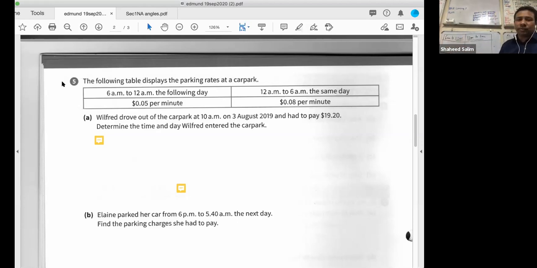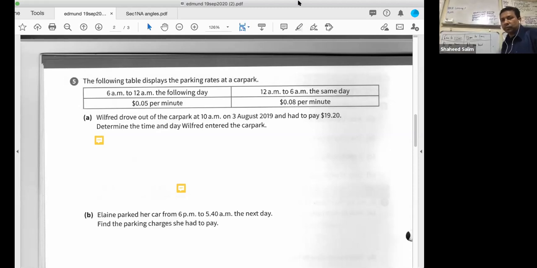18 hours, right? So now let's say the rate down here is $1 per hour, and this one is $2 per hour. Do you understand the rate? Easy, yeah?